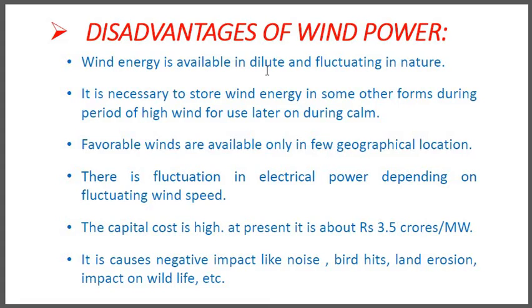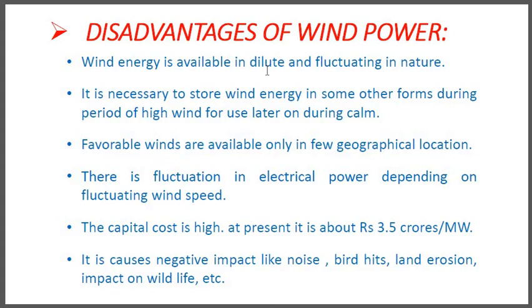Favorable winds are available only in a few geographical locations. So only in a few geographical locations is the required wind speed available. There is a fluctuation in electrical power depending on the fluctuating wind speed, because the generated power is directly proportional to the speed of the generator, and the speed of the generator is proportional to the wind speed.